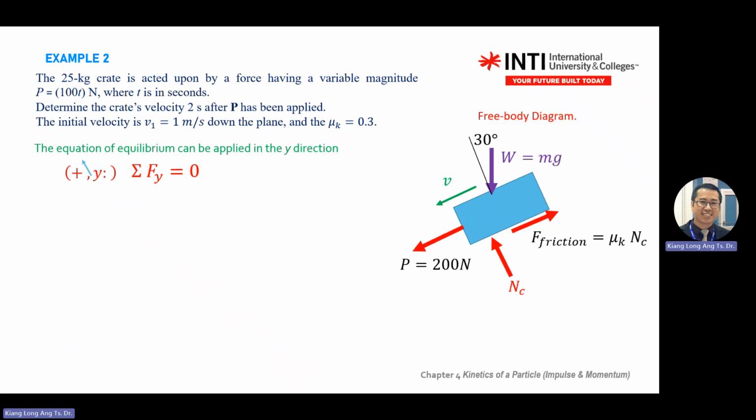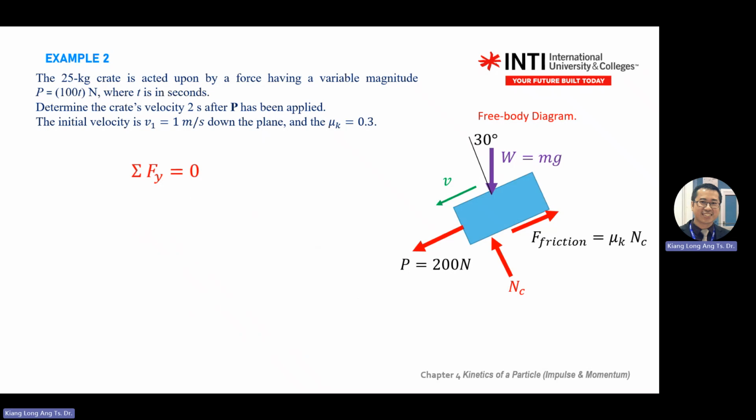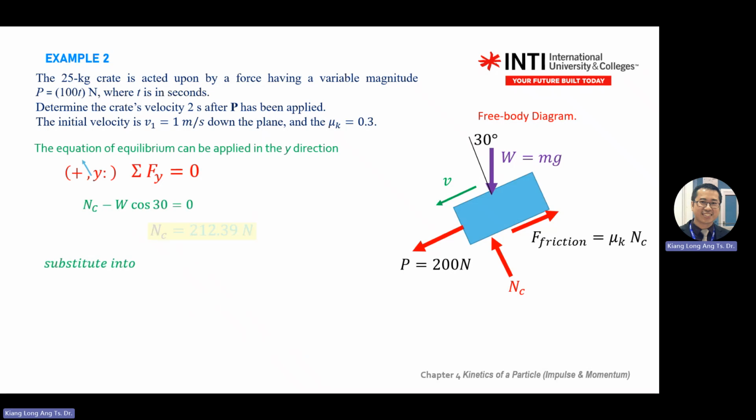In the y direction, we go straight away. Of course, you can use impulse and momentum in the y direction, but here I straight away use F equals ma in the y direction. F equals ma because the object does not float up, so your acceleration is 0. Don't mix this with statics.